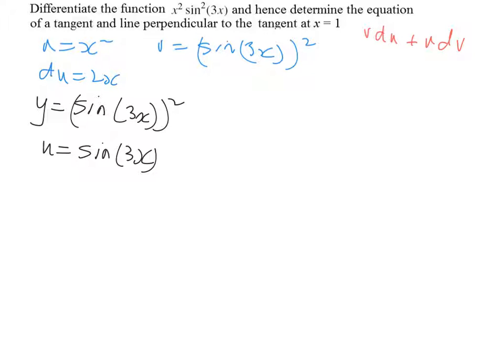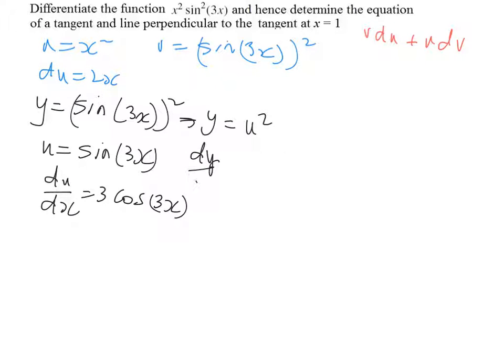So let's go there. So now I'm going to say that from there, du dx equals 3 cos 3x, and y equals u squared. So then dy du equals 2u.